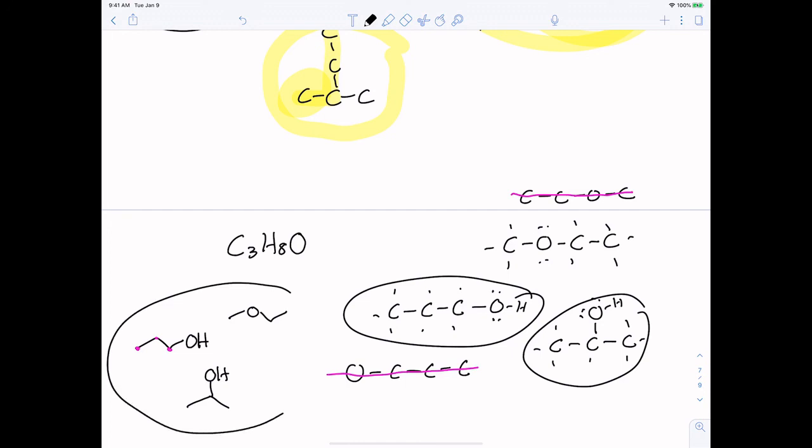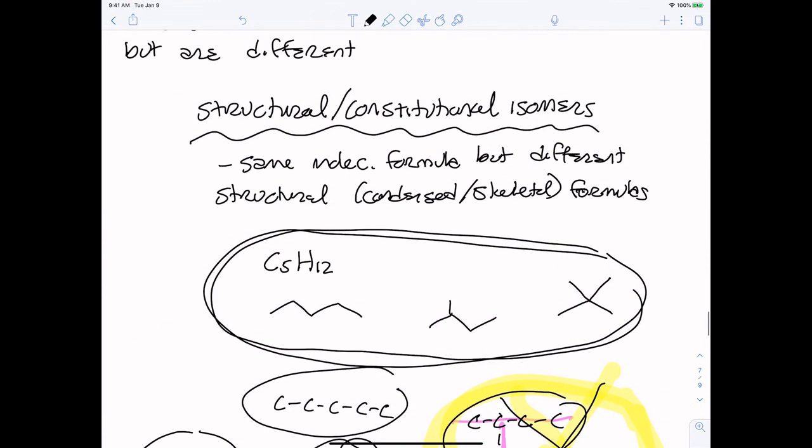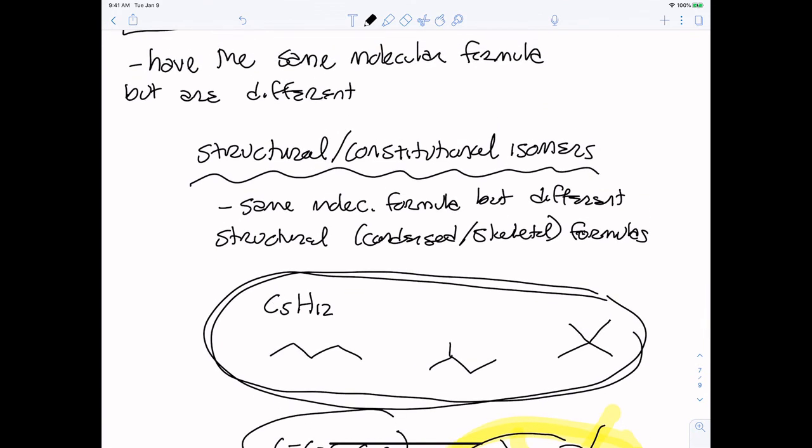So these would all be isomers of this. All of those oxygens do have 2 lone pairs. So again, same molecular formula, but they're actually different. And then how are these different? These ones, because they're structural isomers, have different structures, right? If we were to draw them out, they draw out differently.